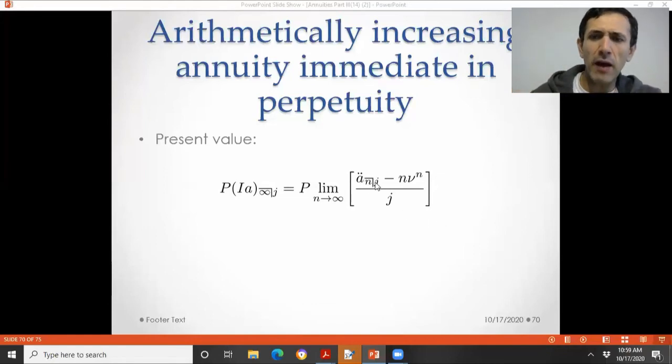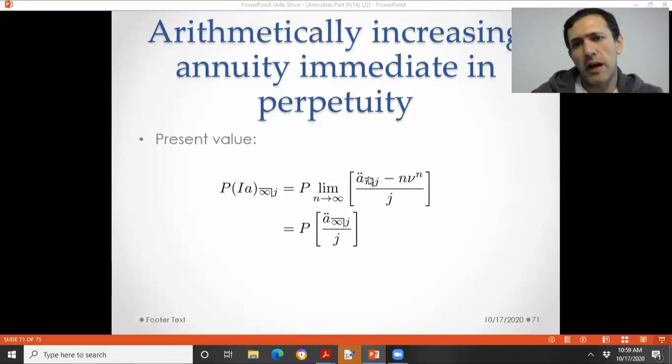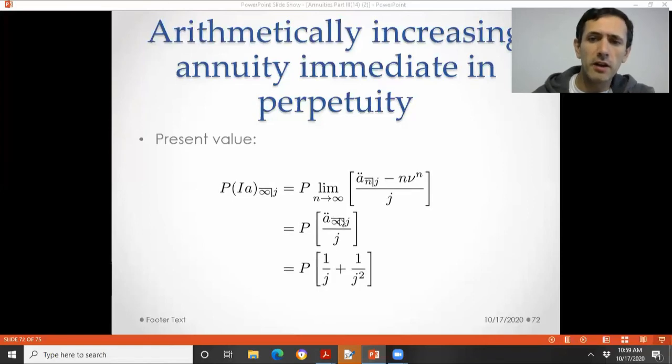Okay, and we have a formula for a angle infinity at j. So this is basically a double-dot angle infinity at j minus 0 over j. So we just plug in, this is 1 plus 1 over j. So divide everything by j, it's 1 over j plus 1 over j squared.